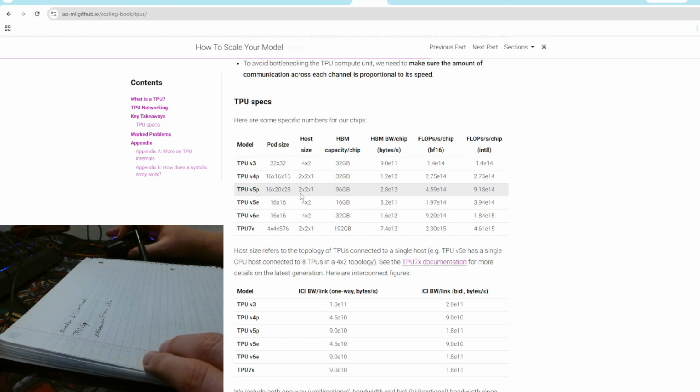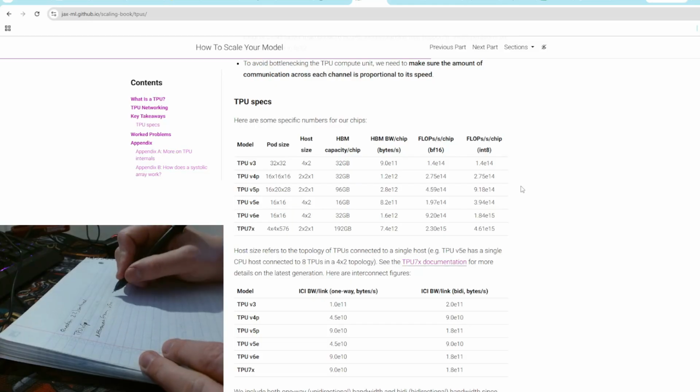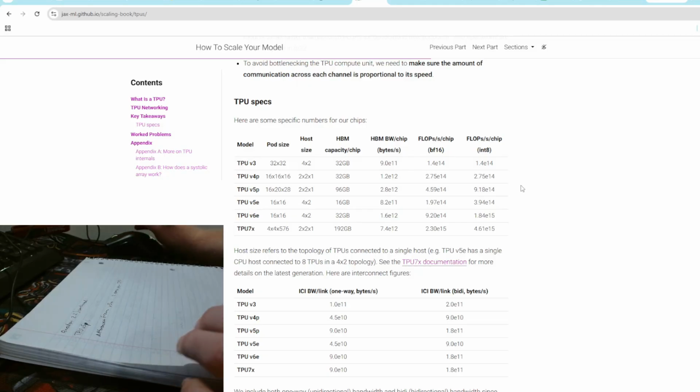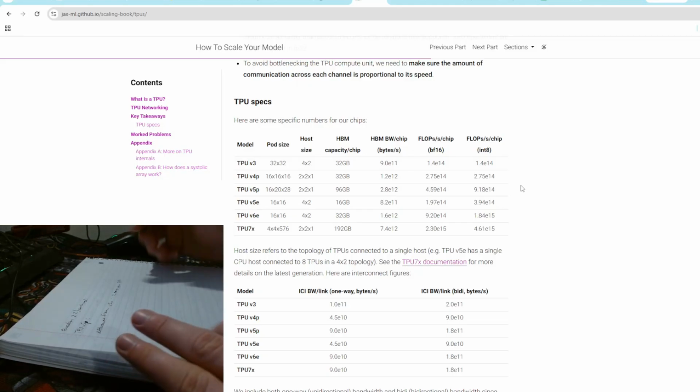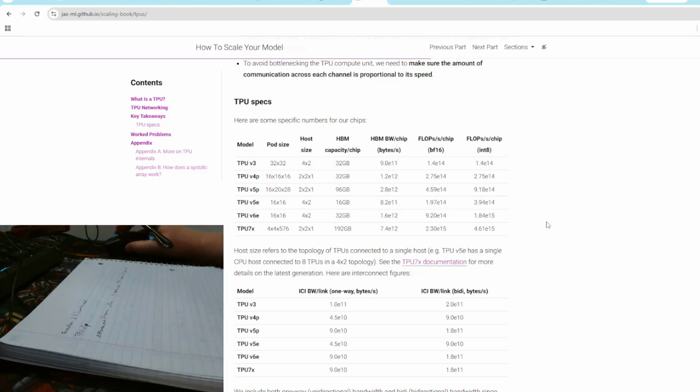So literally every number is different, first of all. Second of all, there should be 2 cores per TPU. And all specs. Okay.